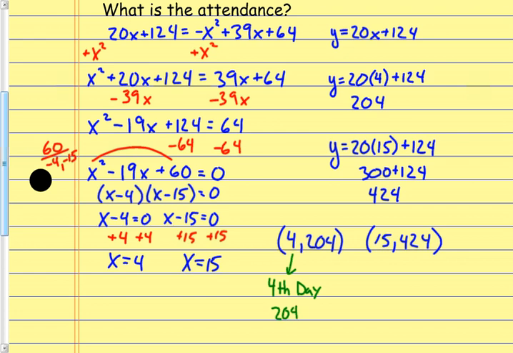And this one means that on the 15th day, the attendance at each park is 424. Okay, so that's what this is telling us. Depending on what kind of park, this could be measured in millions of people, 204 million, or maybe 204,000. We don't know because they didn't give us that kind of information. But be aware of what each of these things means.